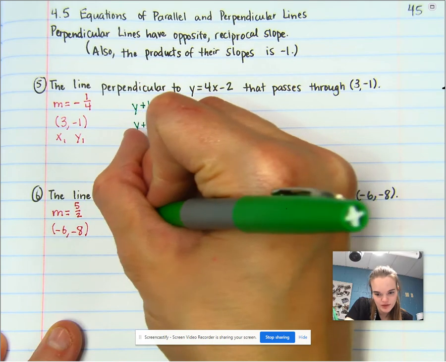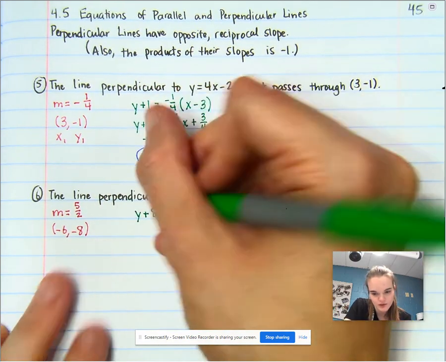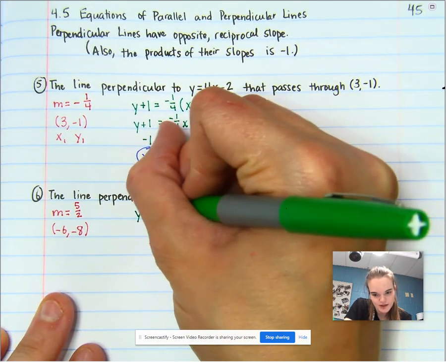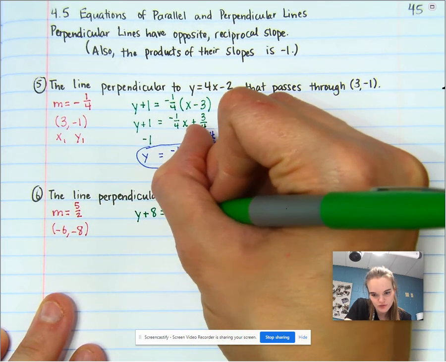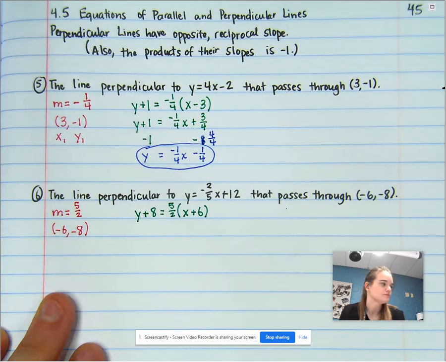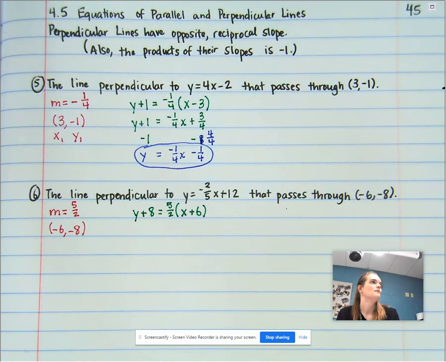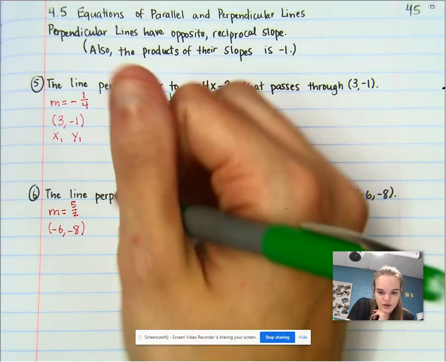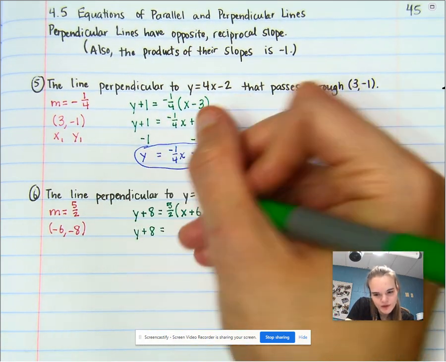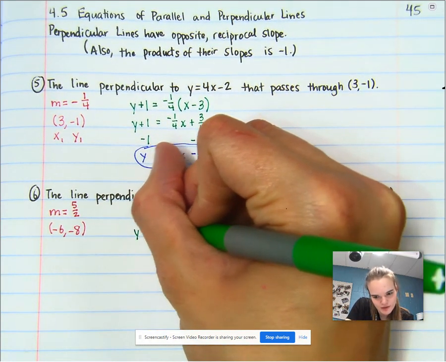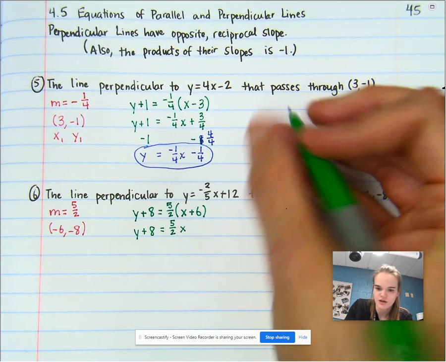Y plus 8, because it's already negative, equals 5/2 x plus 6. Okay, bring down y plus 8. We get 5/2 x.